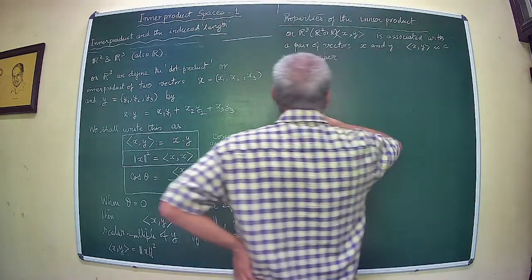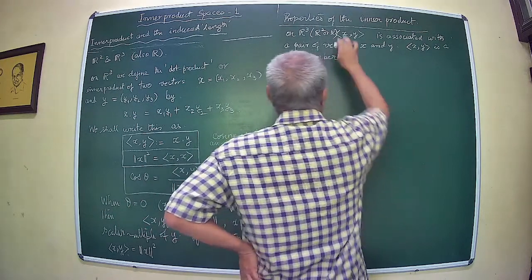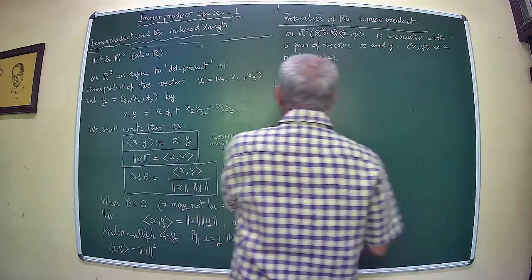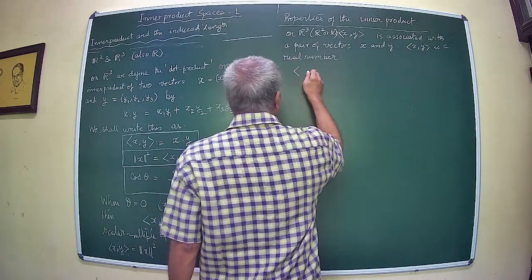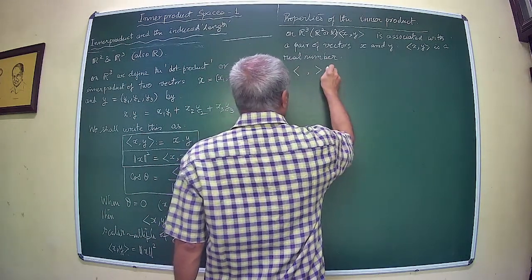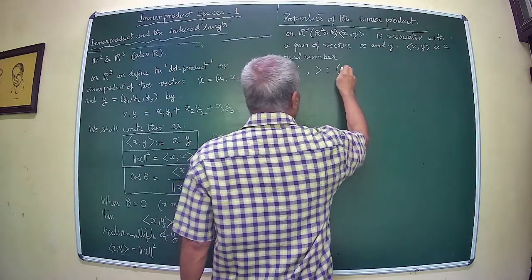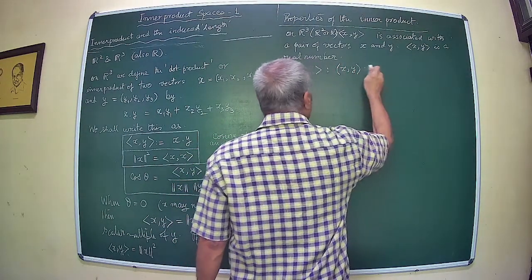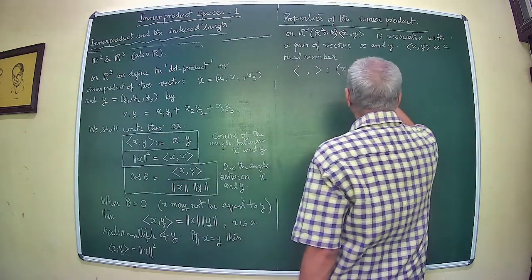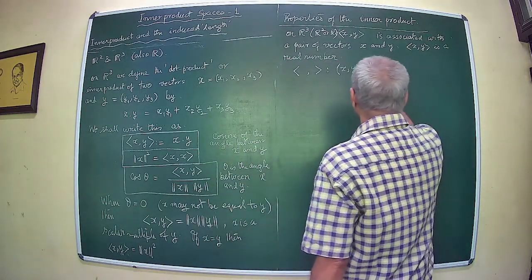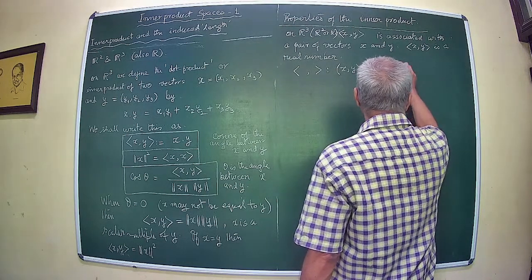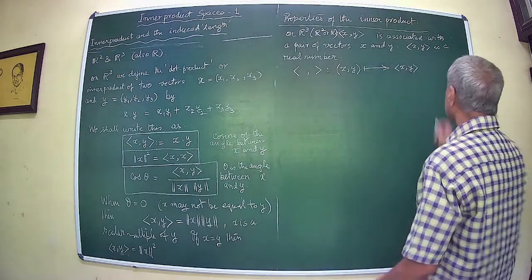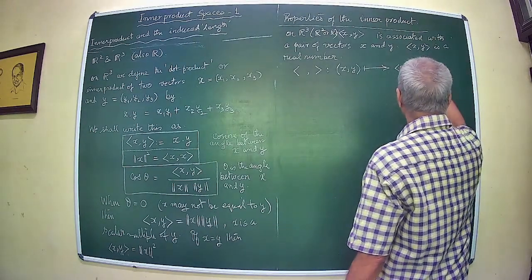So the inner product maps an ordered pair to xy, which is an element of R.